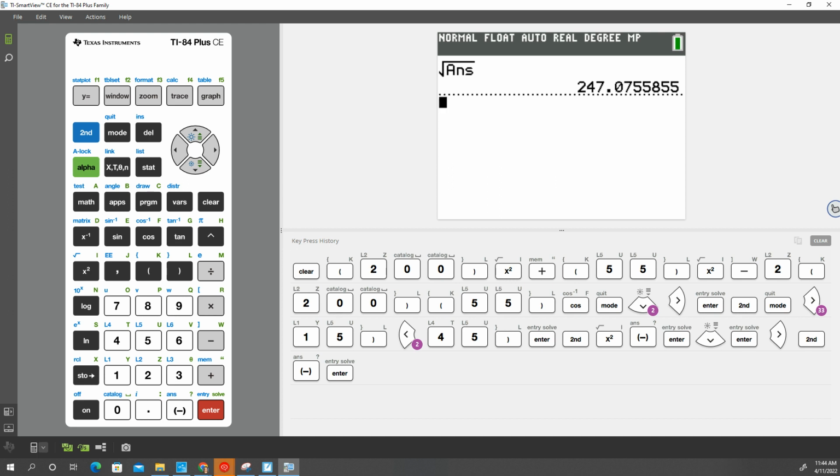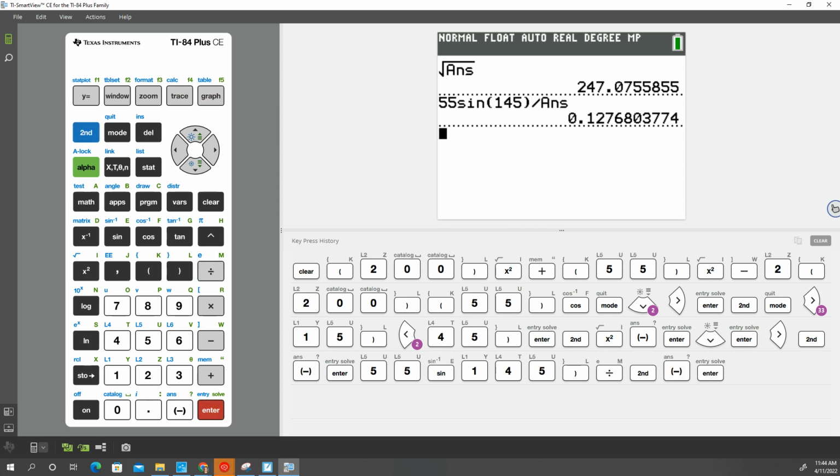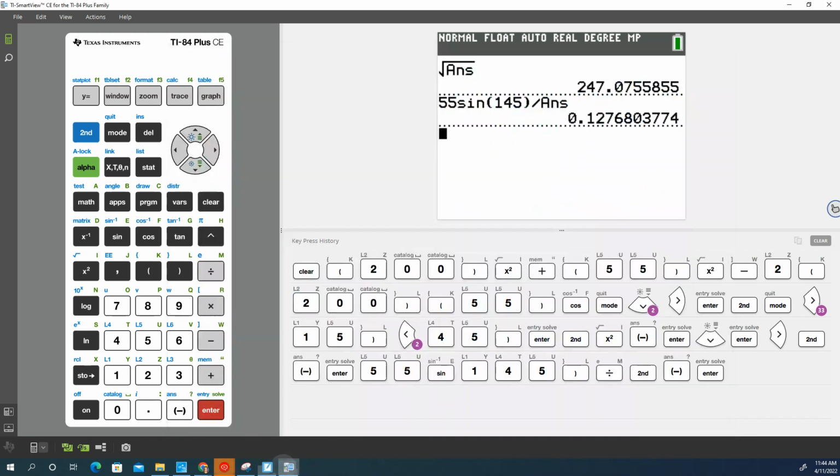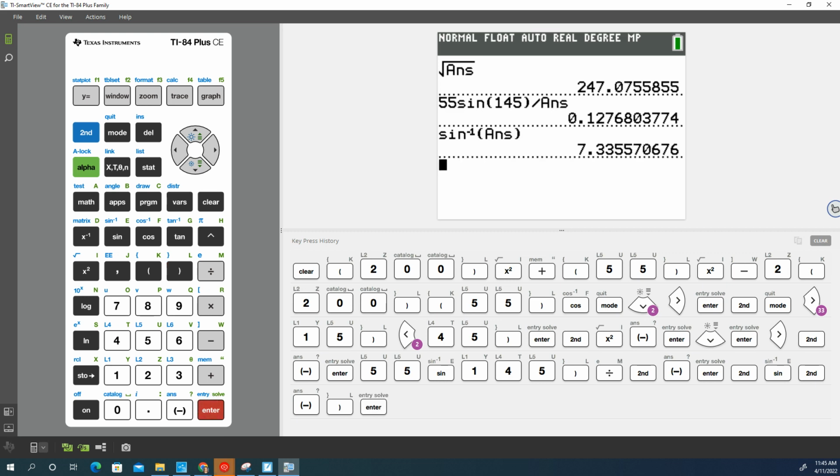Okay, so now I have to do 55 sine of 145 degrees divided by that number. This is what my sine of x equals. So I divide both sides by that number, so the sine of x equals that decimal. So to get x, inverse sine. Okay. Good with that?